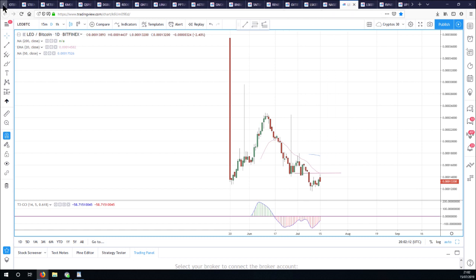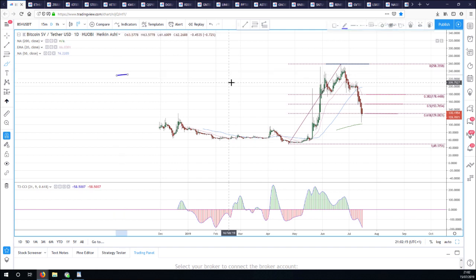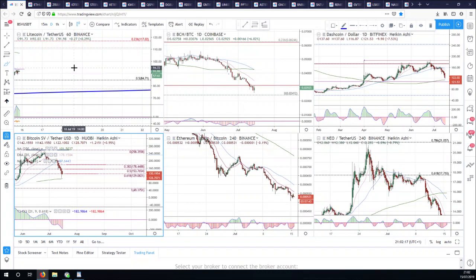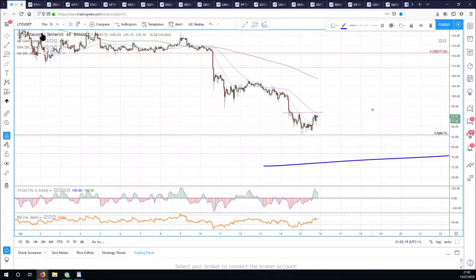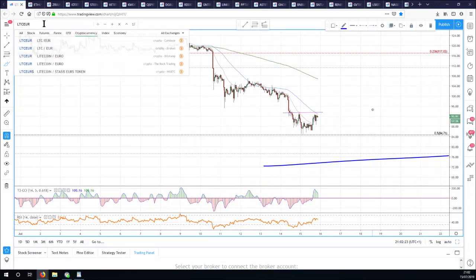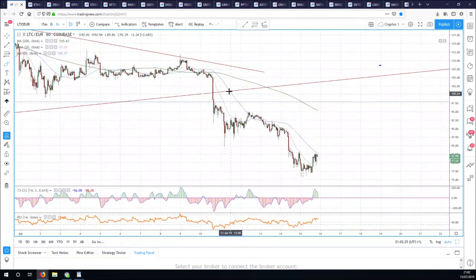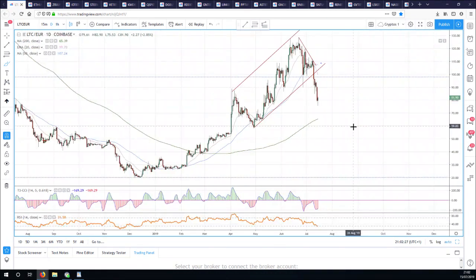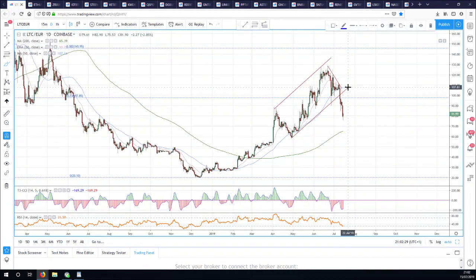Litecoin Euro. Let's look at our Coinbase chart, because first off we want to know, we fell out of this channel, didn't we? Let's tidy up here.